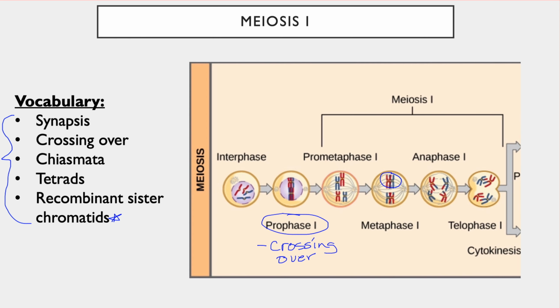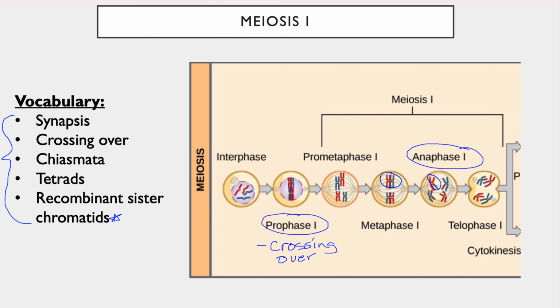The other thing is that something really important in anaphase 1 occurs, and that is after these tetrads line up at the metaphase plate, or equator, of the cell, anaphase 1 separates the homologous pairs of chromosomes, but still as attached pairs.